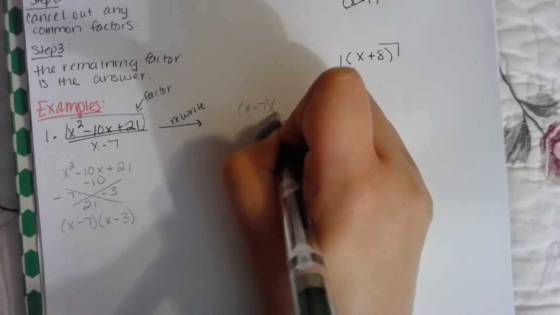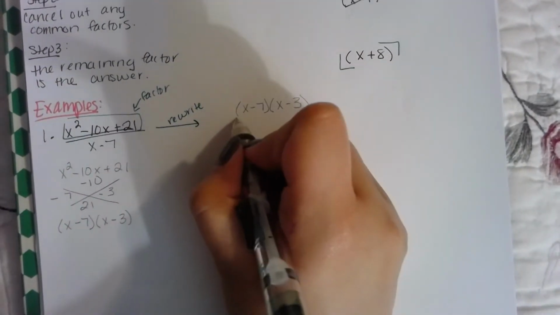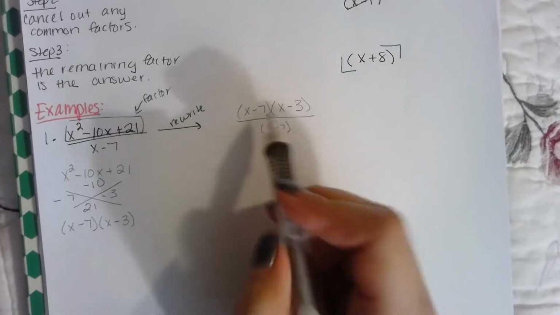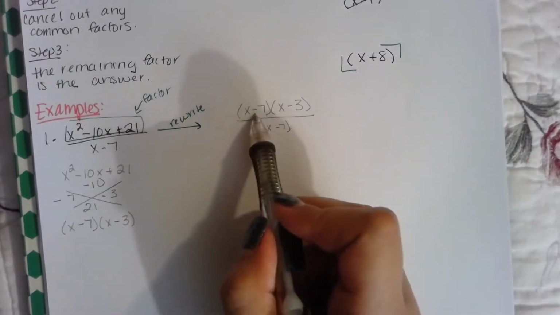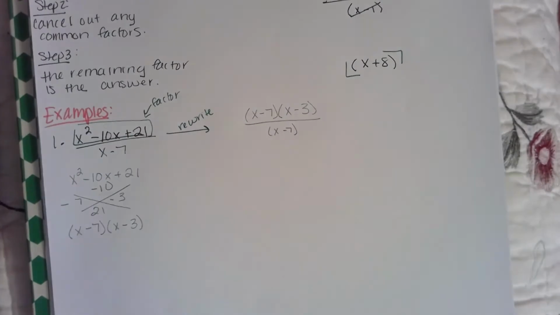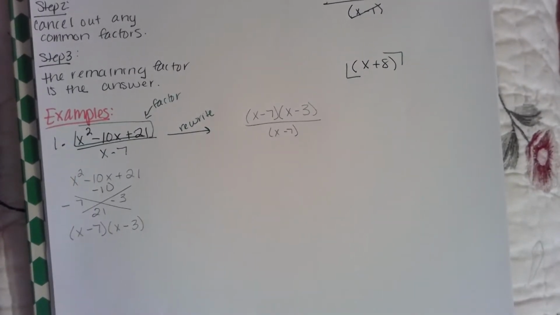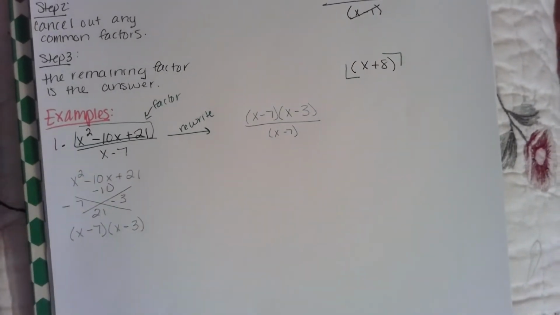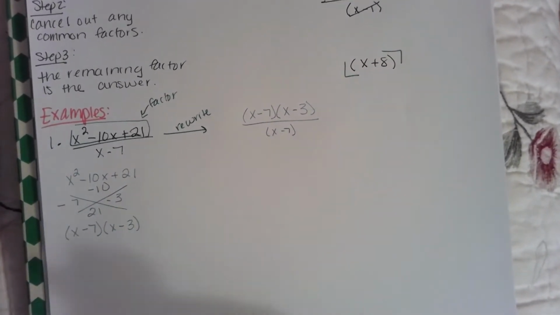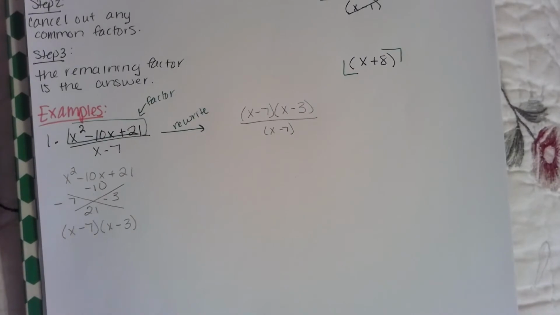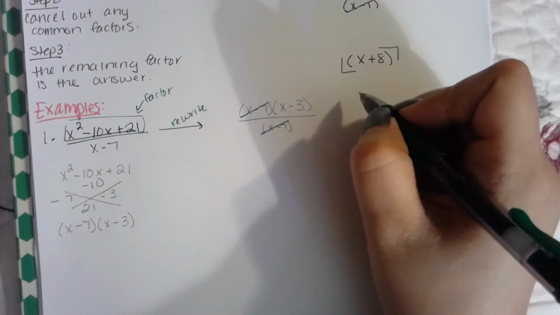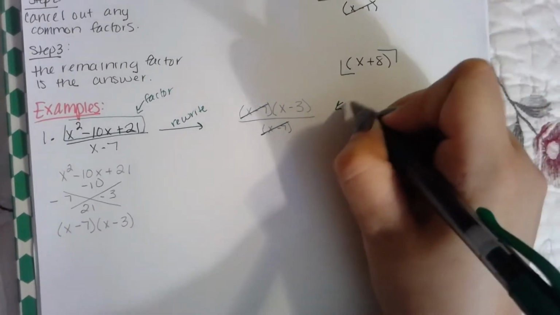And then in the denominator we had x minus 7. I know it didn't have parentheses here and I put parentheses here, but that's a little bit of my OCD talking. It makes it look neater. So then right here, remember, x minus 7 is on top, x minus 7 is on bottom, so you cancel out common factors.